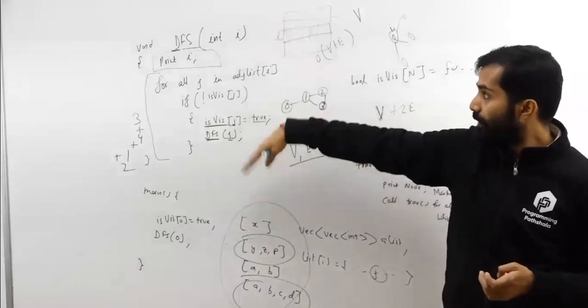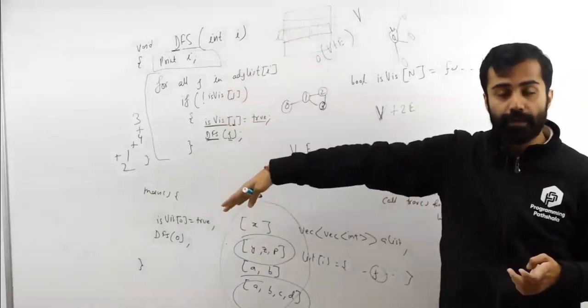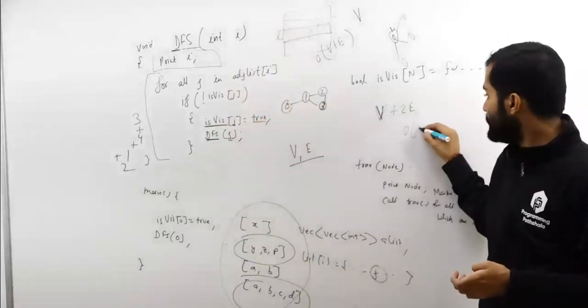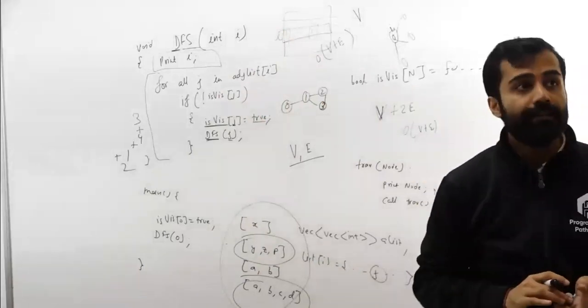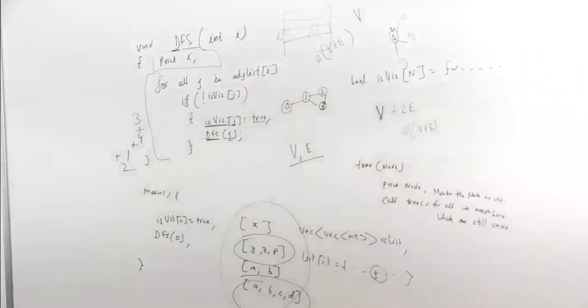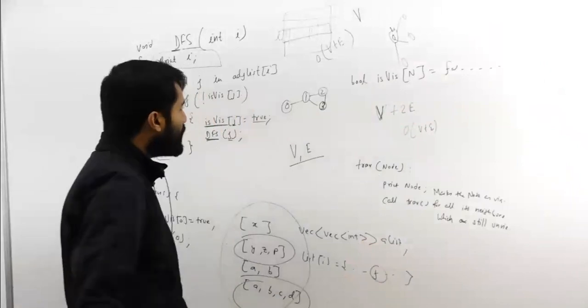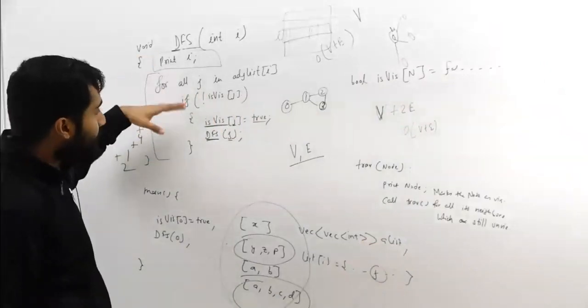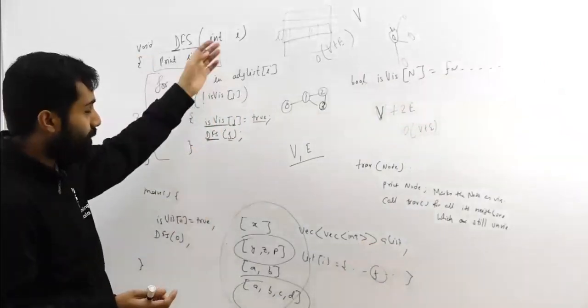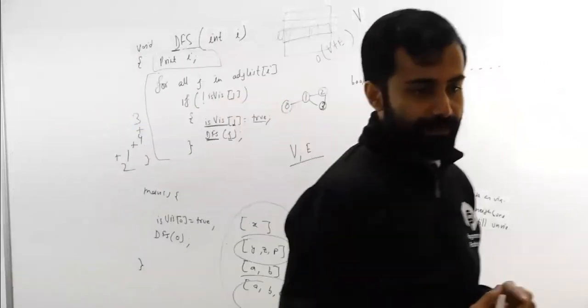So I can say that the overall time complexity of this is going to be order of V plus E. Does it make sense? How many of you get the idea? Just type in yes or no. Right? So that being the reason, we will always be using adjacency list in almost all the questions, because it makes traversals more optimal as compared to the matrix representation.